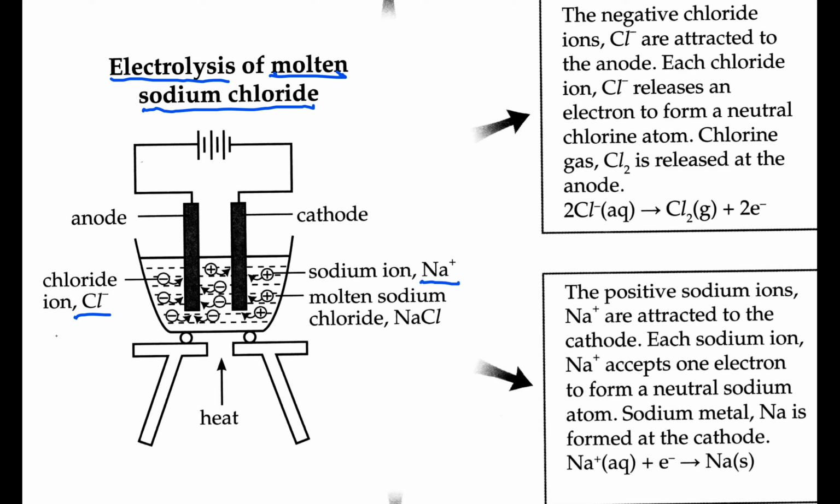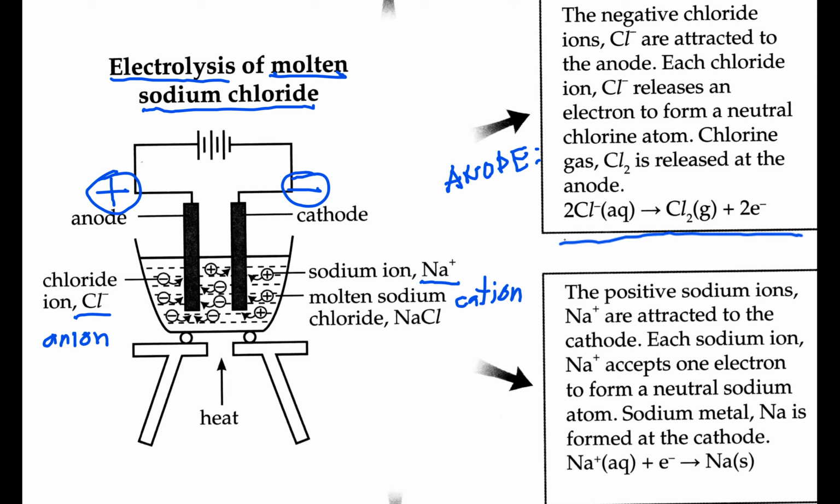The negative chloride anion is attracted to the positive anode, while the positive sodium cation is attracted to the negative cathode. At the anode, the negative chloride ion will give up electrons and return to its natural chlorine molecule state.